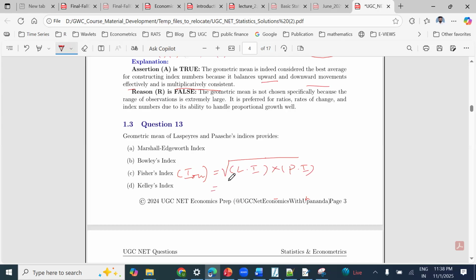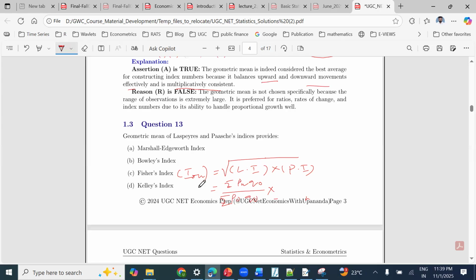So already you know the formula, so we are not going to write it, or if we write it again, it will be practice for you. Pn Q0 upon summation P naught Q naught. Sangeeta, can you tell me the other one? Sir, Paasche's plus index, or into? This is not plus, this is into, because this is the geometric mean, right?